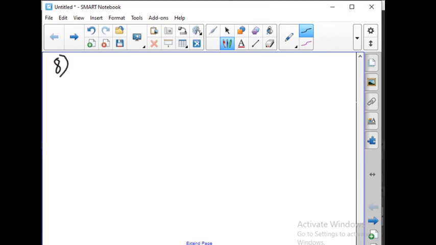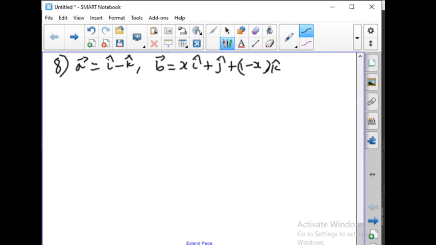Question number 8. Vector A is equal to i cap minus k cap, vector B is equal to x i cap plus j cap plus (1 minus x) k cap, and vector C is equal to y i cap plus x j cap plus (1 plus x minus y) k cap.